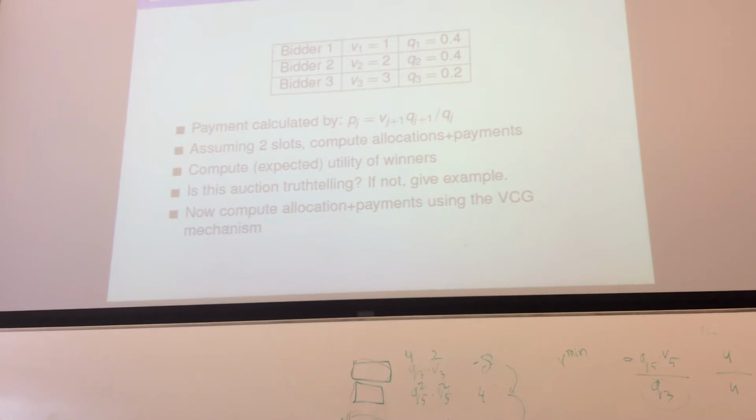find the allocation, the maximum social welfare allocation. After that, you find out, except for this bidder, all the other utilities added together, plus all the payments, is exactly the value for bidder two, excluding bidder two. So the application is about the payment. No, it's about the first function for utility.